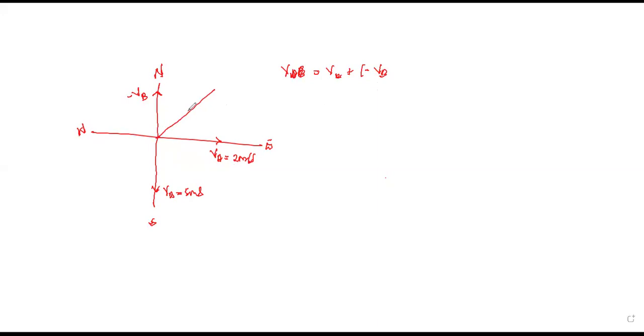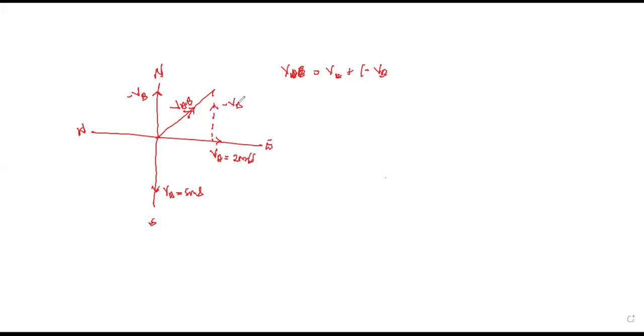So this will be the direction of velocity of A with respect to B, similar to how we were determining the resultant force for two forces or vectors that are perpendicular to one another.